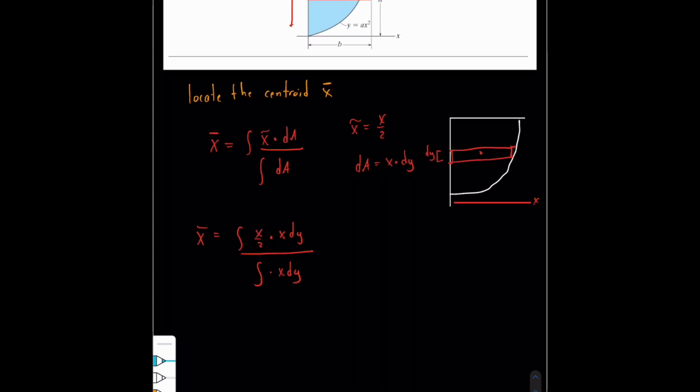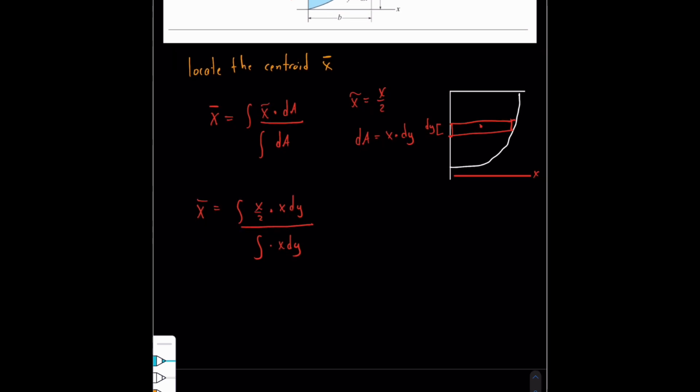Okay, now notice here how we need to do an integral. However, this is in terms of dy. So this means we need to get x in terms of y. We need to solve for x, basically. And we have this equation to do so. First, I'm going to write this.